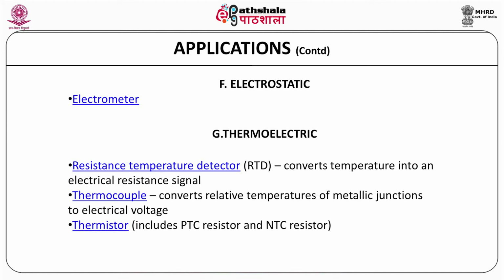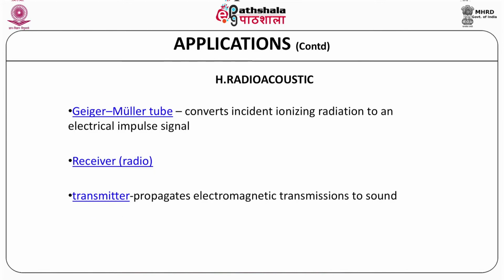The thermocouple converts the relative temperature of metallic junctions to electric voltage. The thermistor includes the PTC resistor and also the NTC resistor. Lastly, radioacoustics.